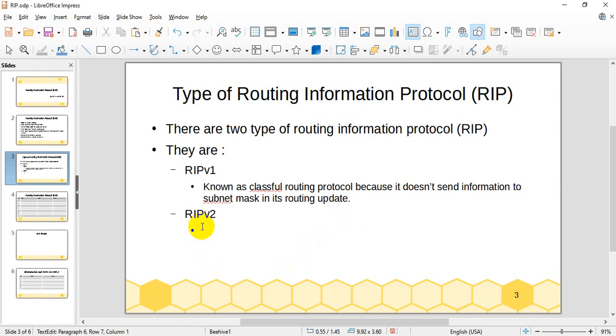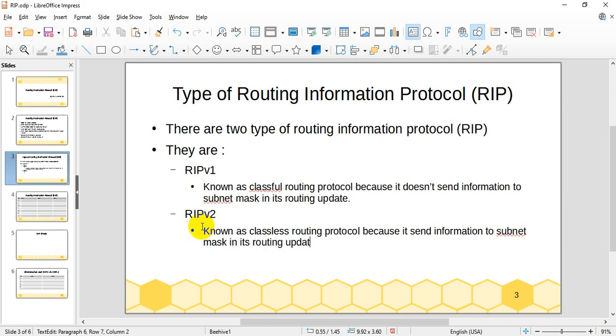As you know, RIP version 2 is also known as a classless routing protocol because it sends the information of subnet mask in its routing table.